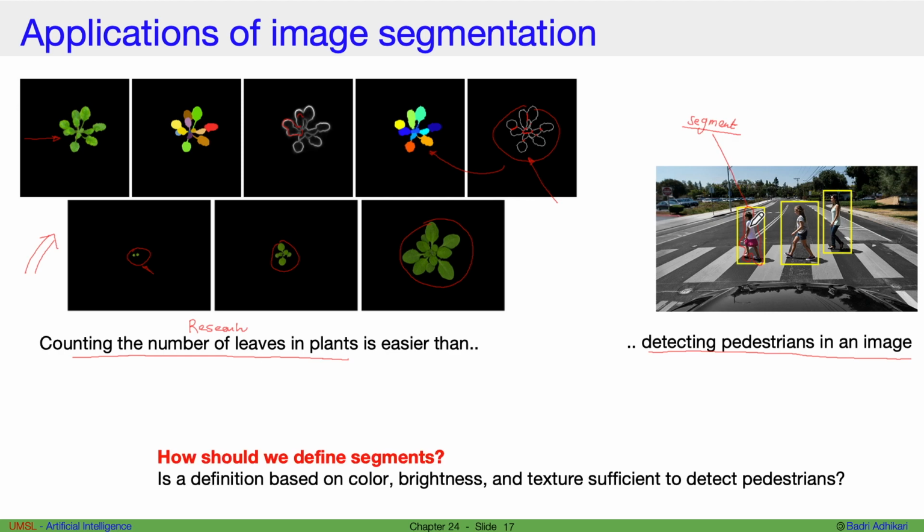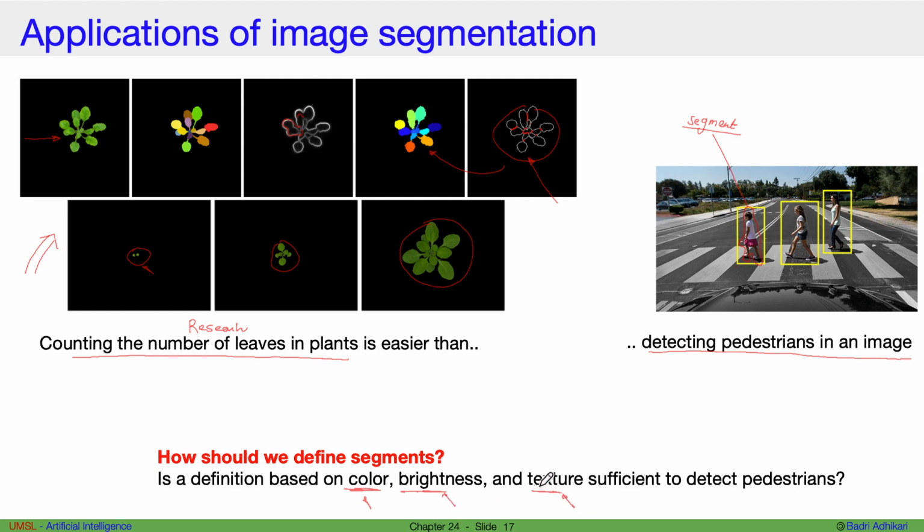So this brings us to the topic of what exactly segments are. Earlier we discussed that segmentation is a group of pixels based on similar color, brightness, and texture, right? But in the case of pedestrians, within the segment of the pedestrian, we may observe many colors, many brightness levels, and many textures, right?